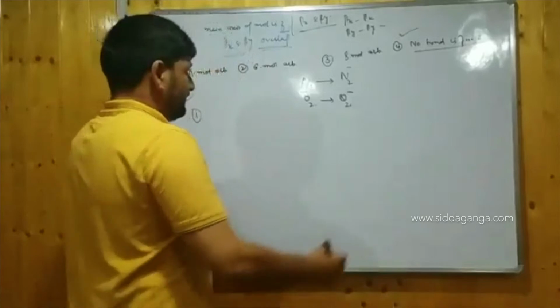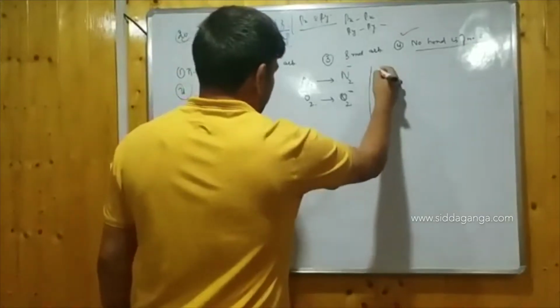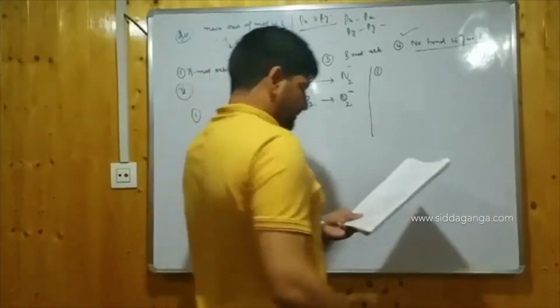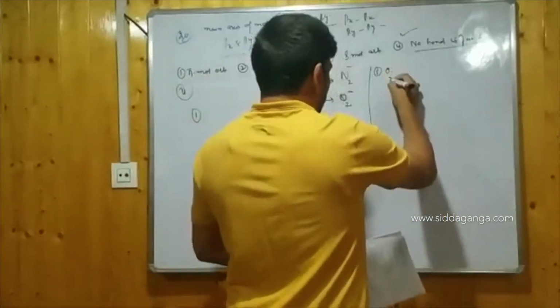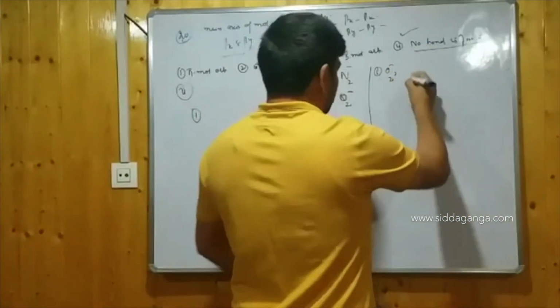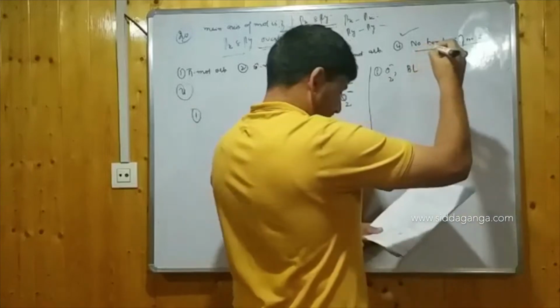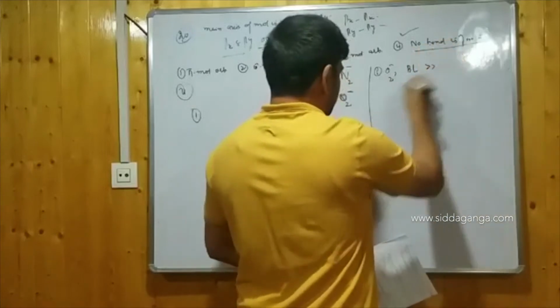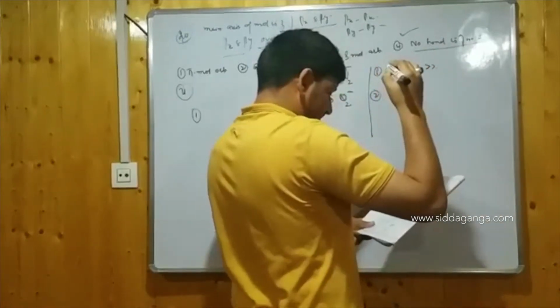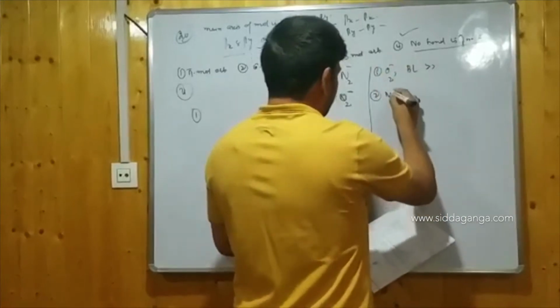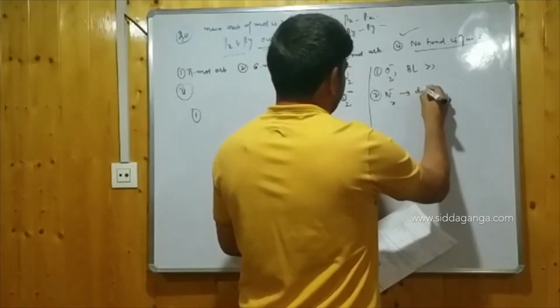So I will give you the hints of the options with respect to this. What are the options given? Option 1 is, in O2 minus, bond length increases. This is first option. Second option is, N2 minus becomes diamagnetic.